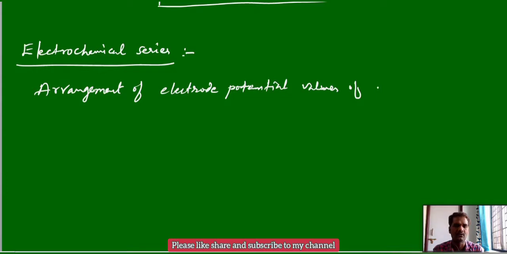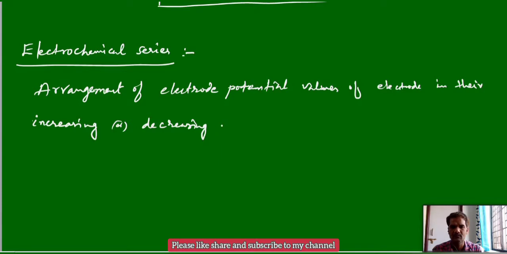So this is the arrangement of the electrode potential values of the electrodes in their increasing or decreasing order. That is the electrochemical series.